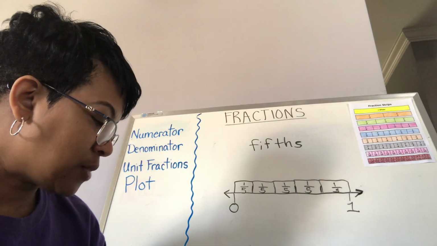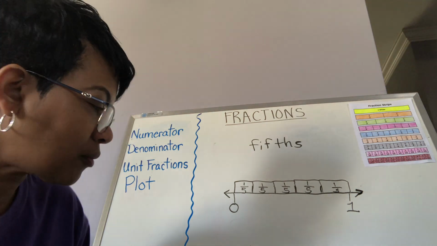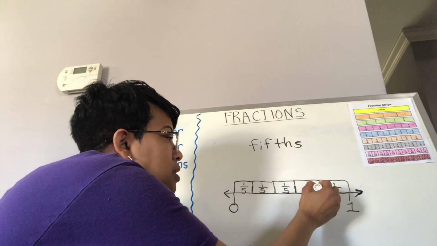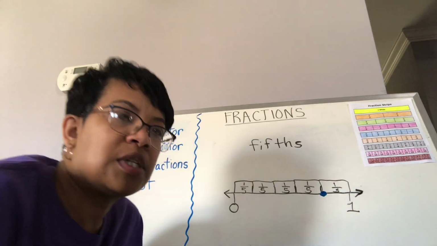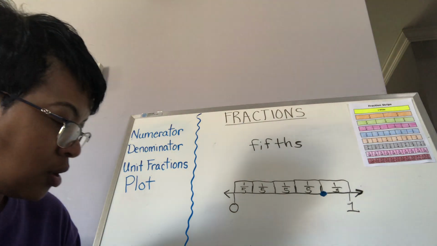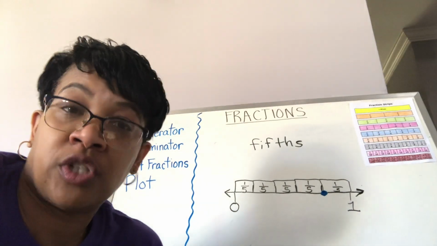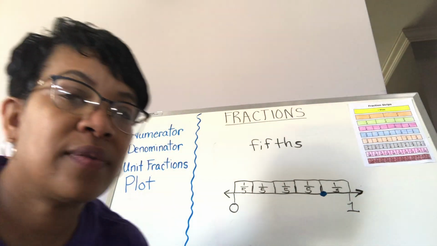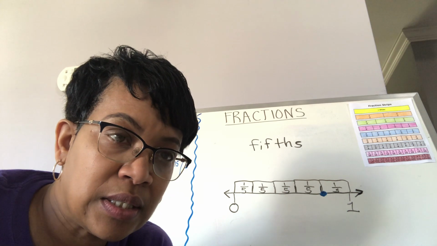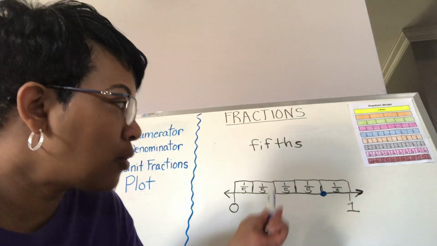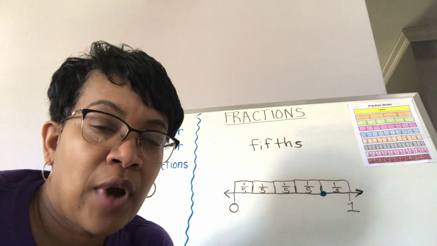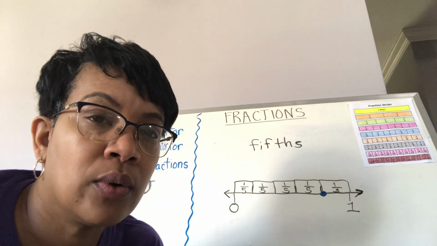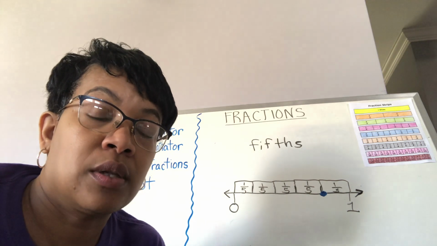So I'm going to take a blue marker this time and put a point here. Everybody see that? So with someone at home or just by yourself, take your finger and count the strips across, and you have to stop where the point is. Do not count after the point. Tell me what fraction you would plot there, so you know what fraction it represents on the number line. Go.